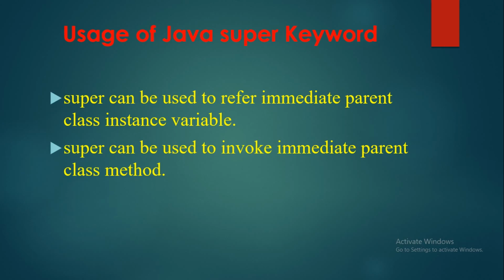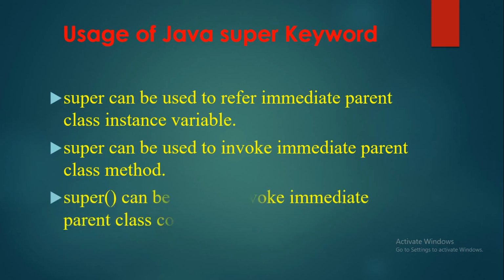For referencing the parent class method, we can also use the super keyword. Super can be used to invoke the immediate parent class constructor. Not only members and variables, we can also use super to invoke the parent class constructor.